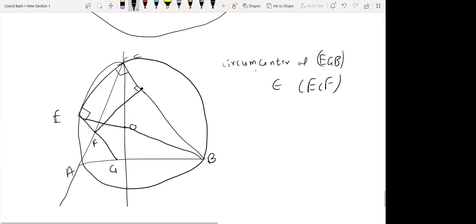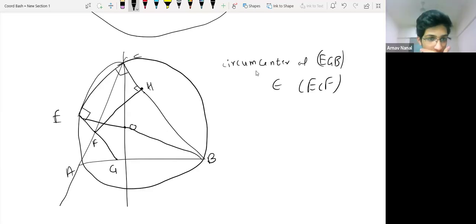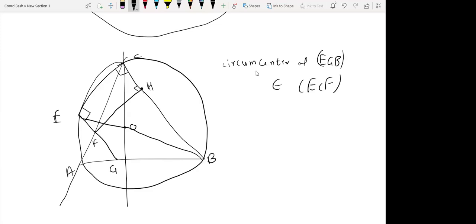If you take the point where F intersects CB as H, and you could prove that EFHC is cyclic, then we're done. That is trivial, it's a rectangle. Exactly, you just need to show that this is the circumcenter.